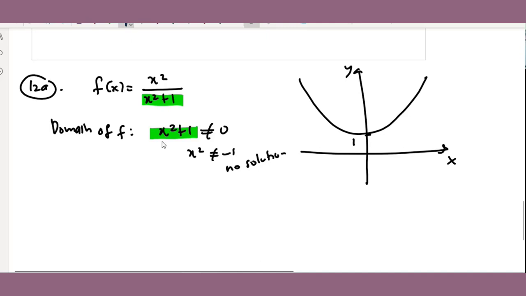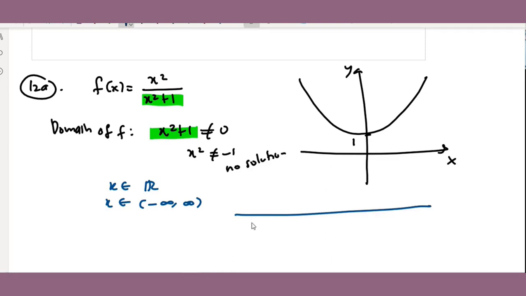Continue, and then change to actually x is real numbers, or x is from negative infinity to infinity. If you change to a number line, from negative infinity to infinity, x is all of it. So no x excluded.